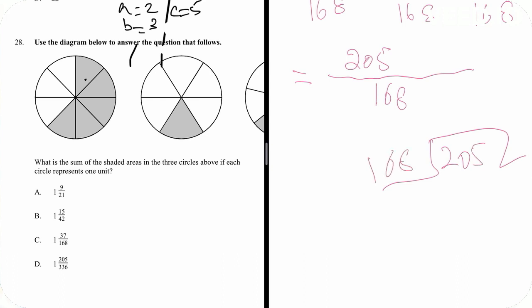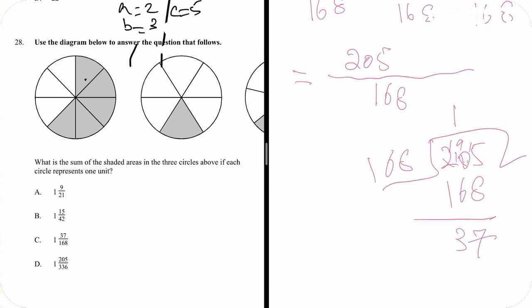So 168 times 1 is 168. Then you subtract. 5 minus 8 is not possible, so you will borrow. The 0 will borrow from the next digit. So 15 minus 8 is 7, 9 minus 6 is 3, 1 minus 1 is 0.